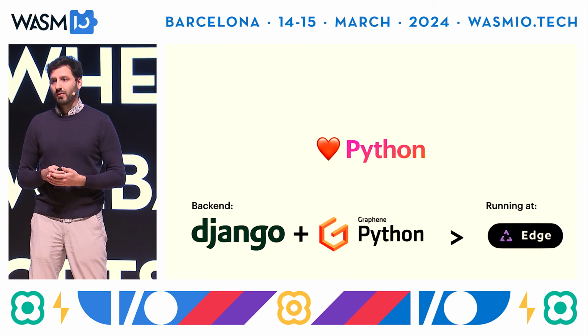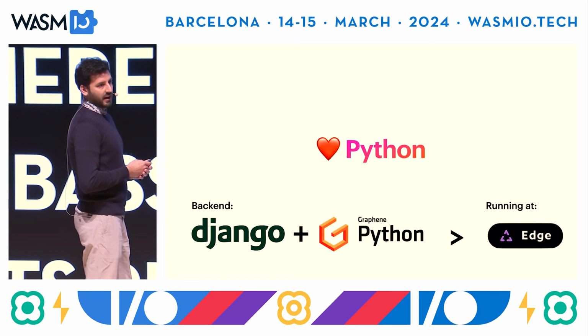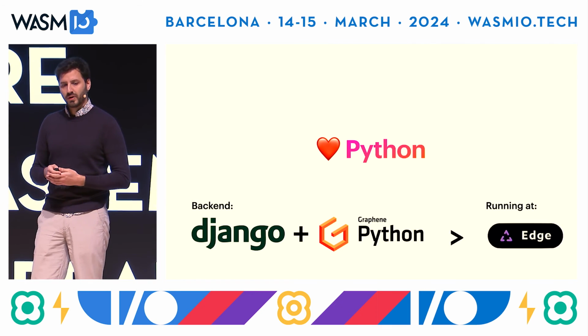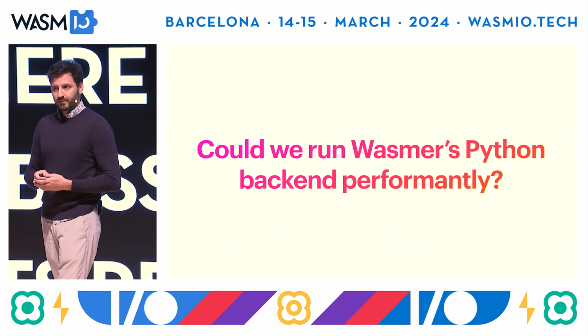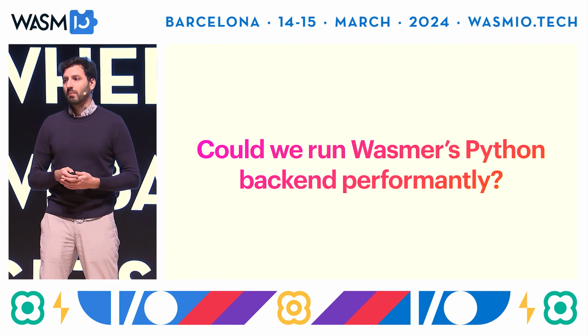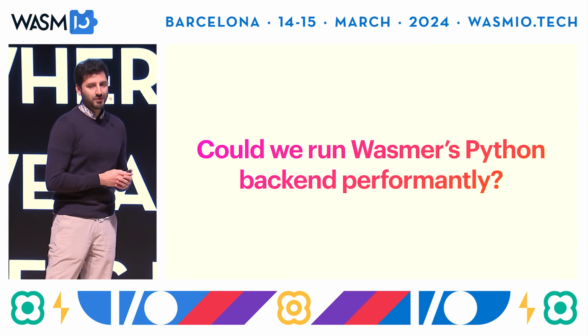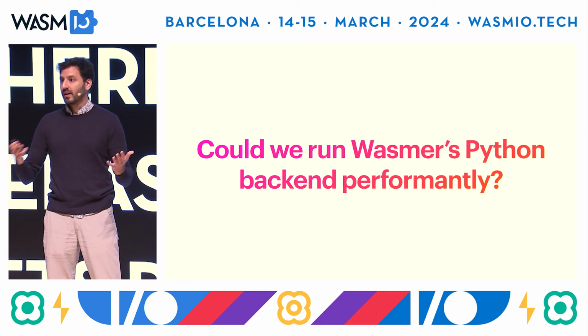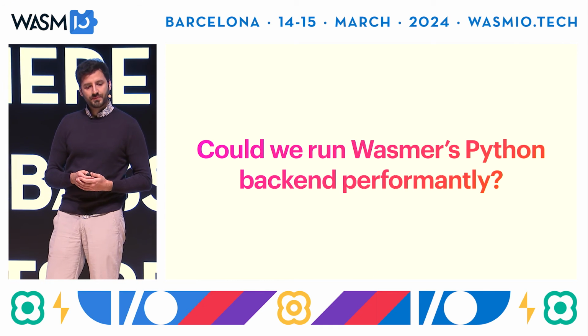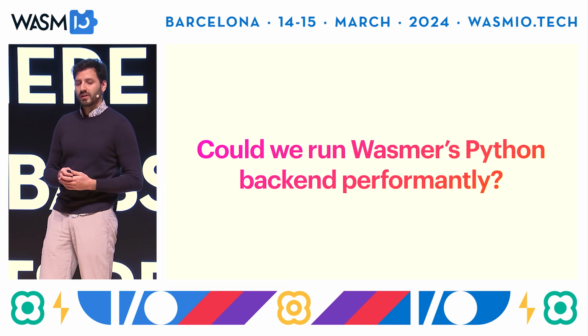Our hope is going from $1,000 for a cloud bill to more or less $50 per month, which is quite nice. So the question arises, could we run our Python backend performantly on Wasmer Edge? We not only want to run it on the clouds, we want to have a package that still runs on Wasmer Edge. So it's not important only being able to run it, but being able to run it performantly.